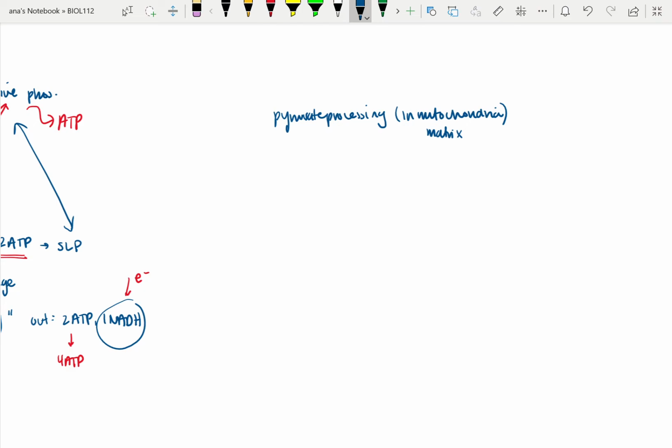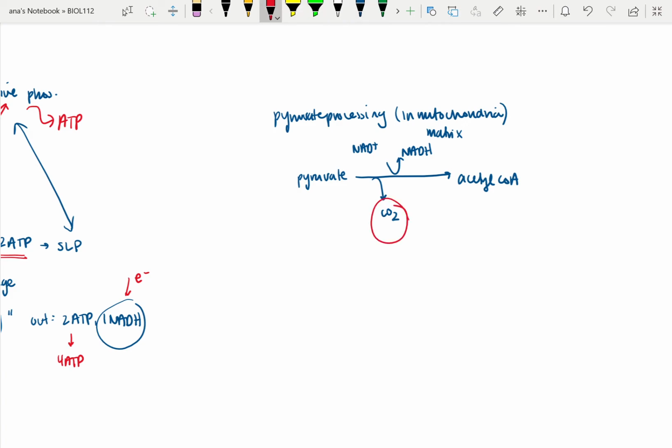You don't really need to know a lot of these details, but basically we're going from pyruvate to acetyl-CoA, which is one of our inputs for the TCA cycle. Through this process, we are also reducing an NAD plus to get an NADH. We're releasing a carbon dioxide molecule, which is a hint, right?